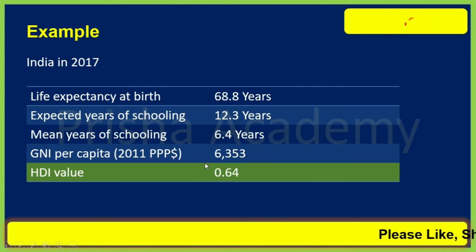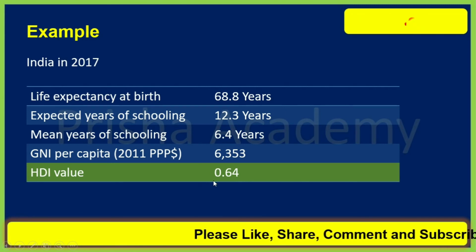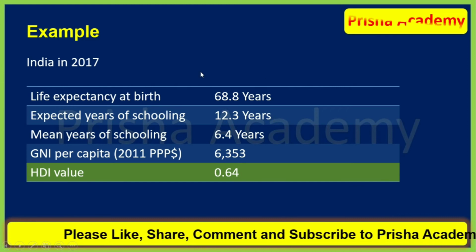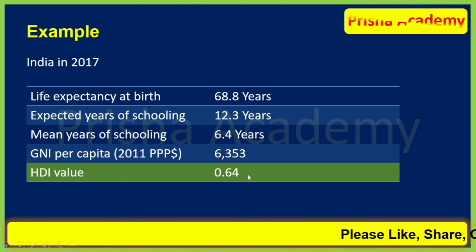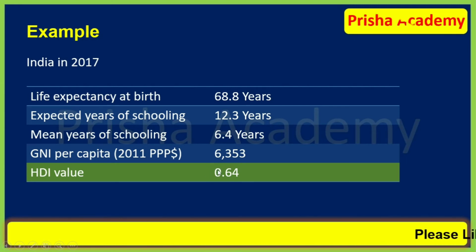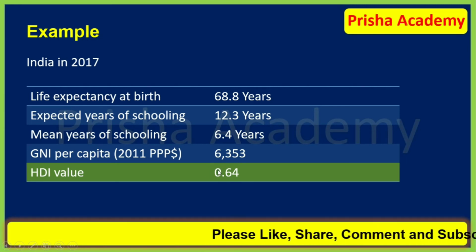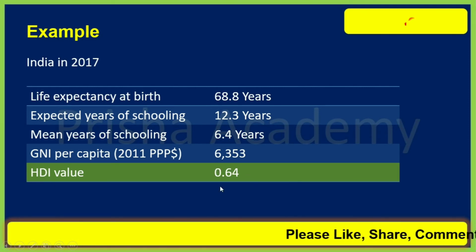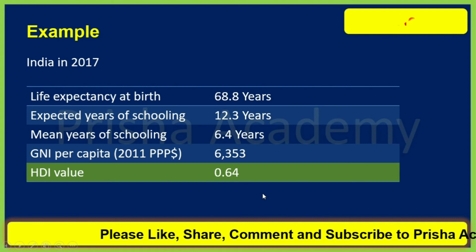Let's see why these figures are important, because we want to increase this. If we want to increase this, we have to improve on these dimensions. If we can improve on these dimensions, we can improve our HDI, and if we can improve our HDI, we can increase our ranking in the HDI, which is one of the prime objectives of any country.